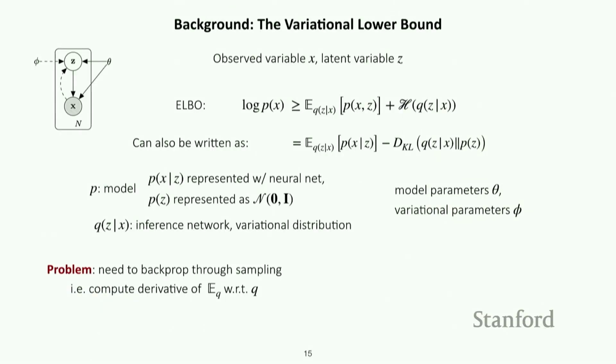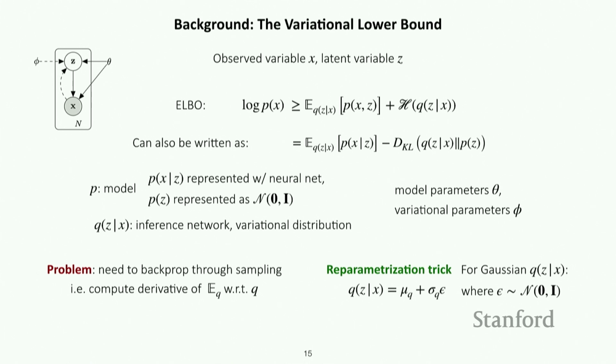So one of the tricks that has been pretty critical to making this type of approach work in the context of neural networks is what's called the reparameterization trick. In particular, for a Gaussian Q of z given x, you can represent Q of z given x in a differentiable way that is reparameterized in terms of noise that is sampled from a unit Gaussian.